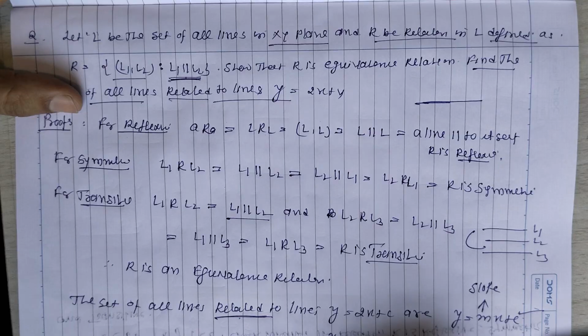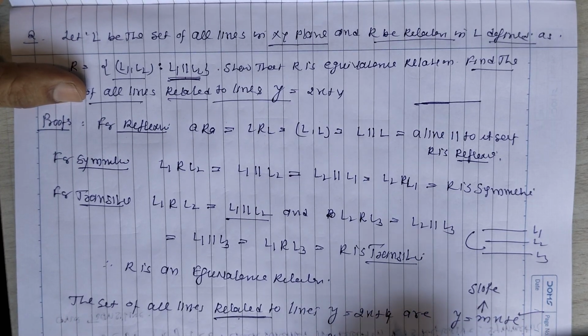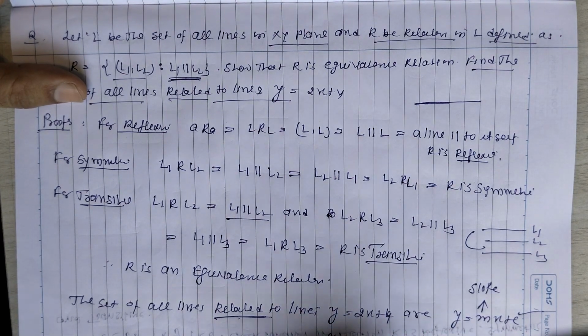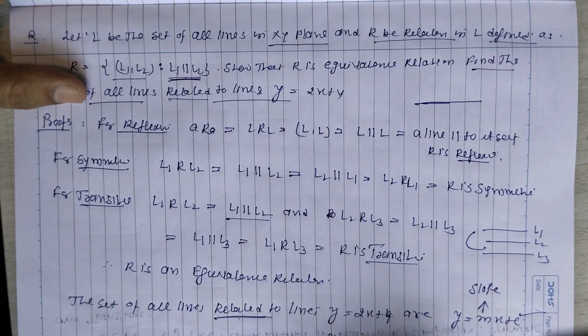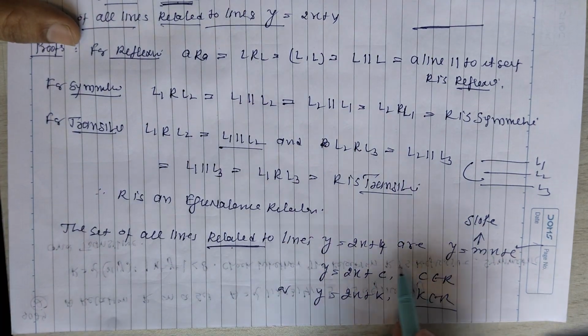So you can see any c, 2x plus 4. So you can write c is any real number. Or you can also write it like this, 2x plus k, where k is any real number. So you can take any number.